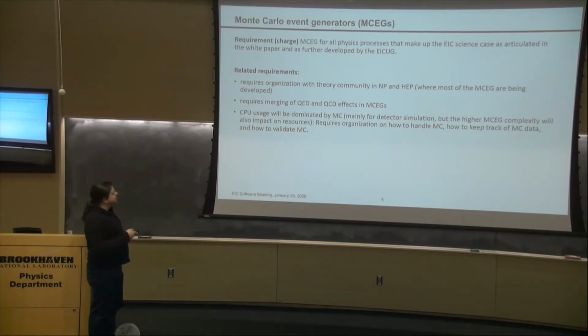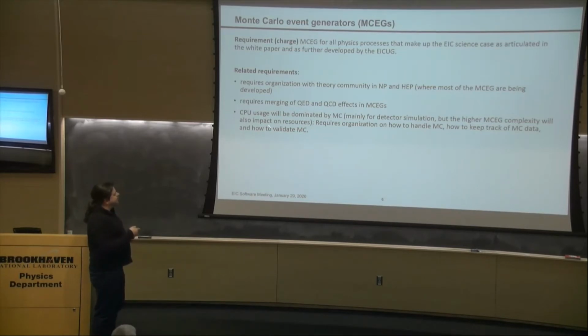And the CPU usage will be dominated by creating Monte Carlo. Of course, another aspect of that is detector simulation, but we aim for precision studies at the EIC, so we also would like to have Monte Carlo with next-to-leading order. So this will also have an impact on our resources.